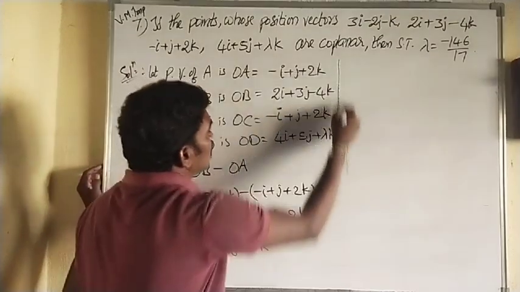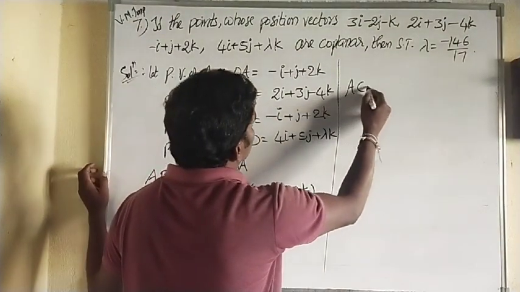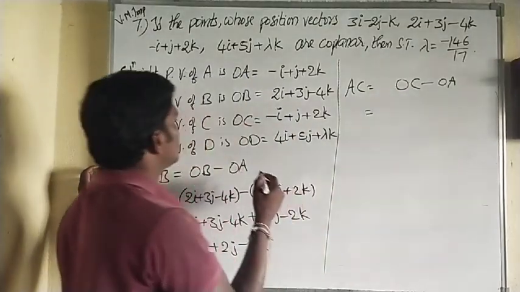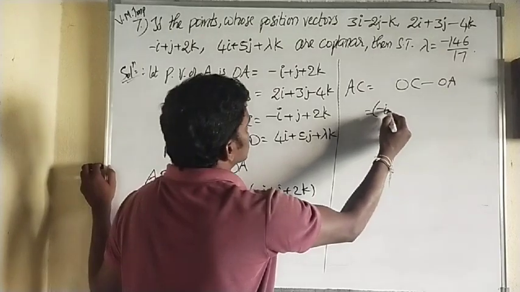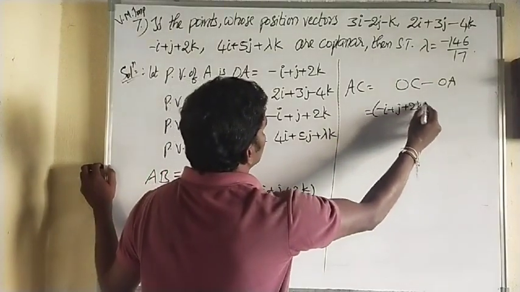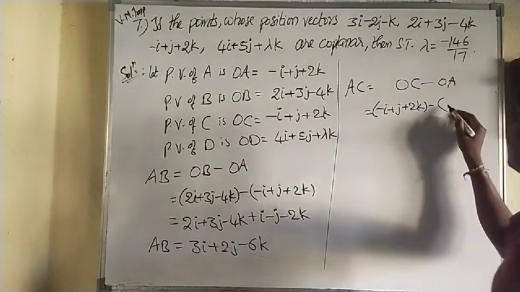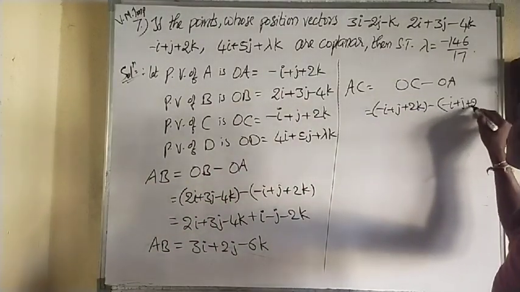Next, similarly find AC. AC means OC minus OA. OC is minus i plus j plus 2k, minus OA, and OA is minus i plus j plus 2k.